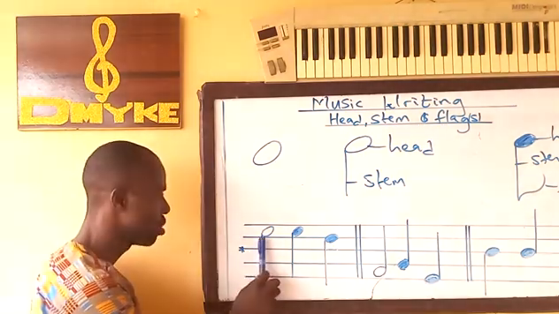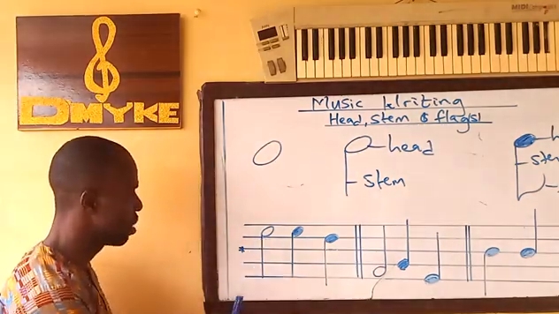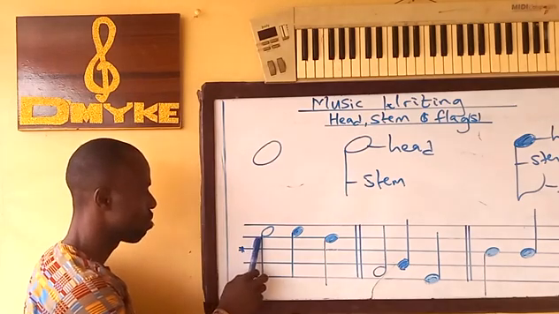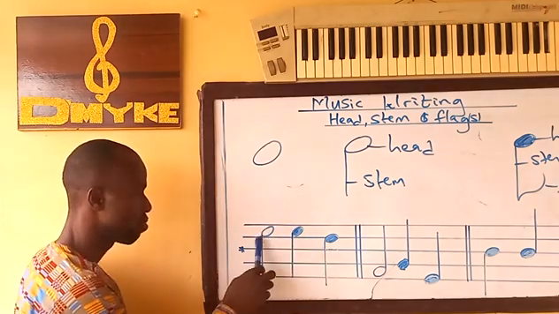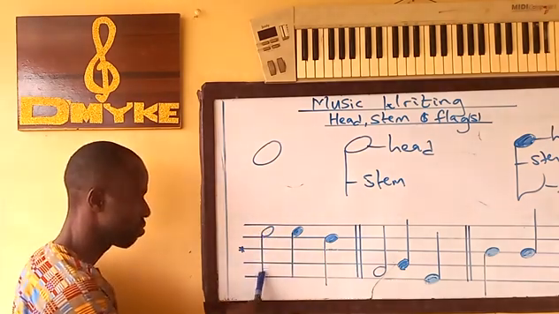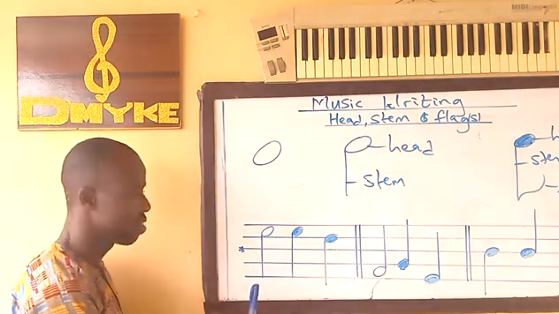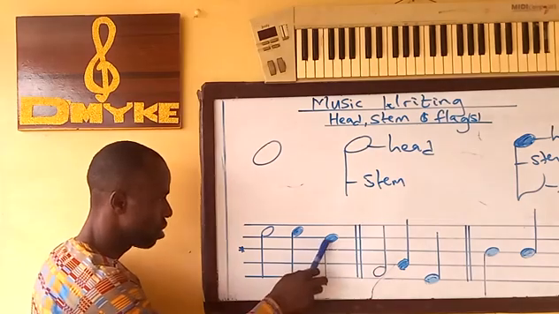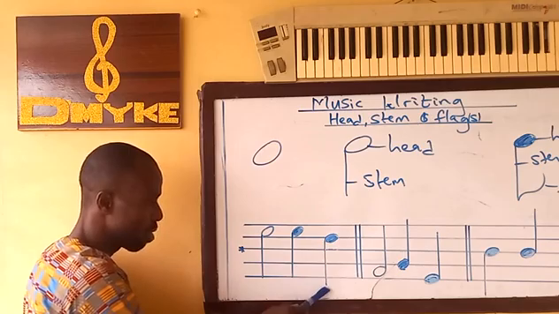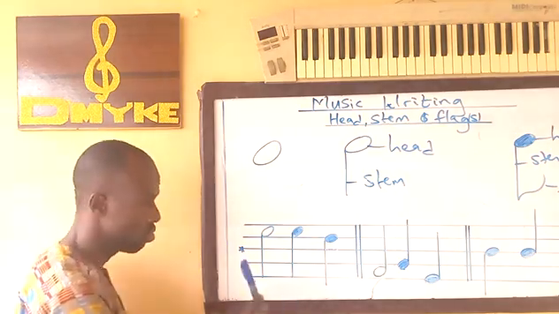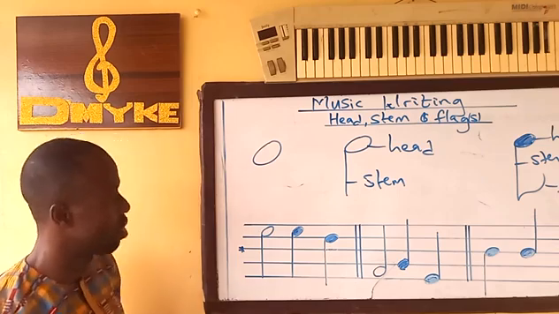Now, I want you to study the length of this stem. It is as long as from line 4 to line 1. If you position the head in oval shape, the stem should be as long as this thing here. This one also. Now look at this one. It has come down to line 4. So the stem has gone down a little bit. That's how to measure the length of the stem.